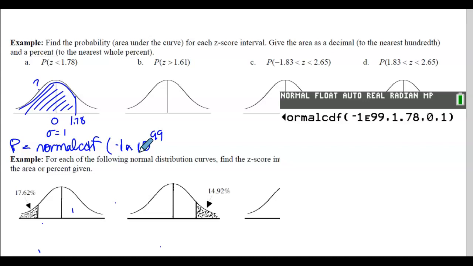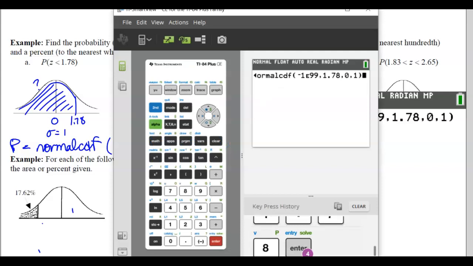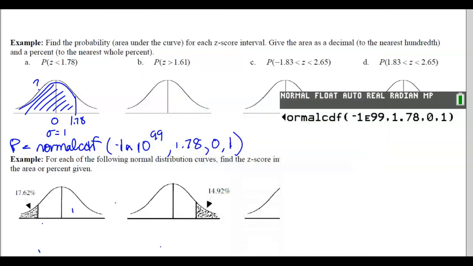Then 1.78, 0, 1. I'm writing really big, but that's what you would write down. So then on my calculator, I enter, and it gives me the value. As a probability to 2 decimal places, it's 0.96, and as a percent it would be 96%. So equals 0.96 or 96%.